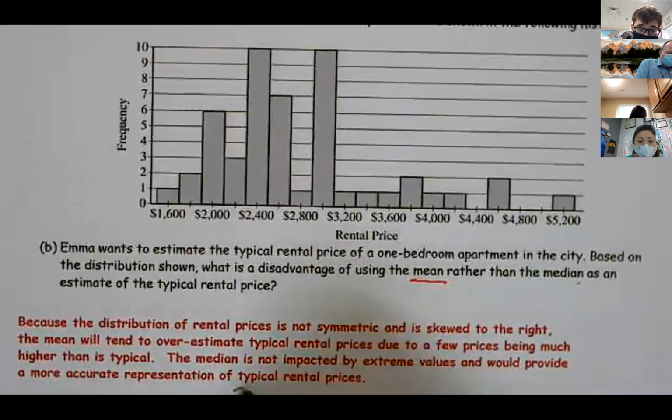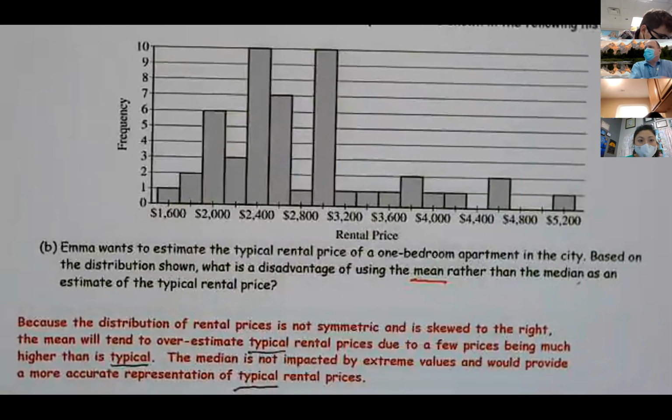Now, I'm going to ask you to be really careful here. There might be some other word besides typical. To be honest, I was having trouble coming up with it. I want to say the normal price. Well, I'm afraid to use normal because we're talking about statistics. I don't want to say the average price because average is the mean and we're actually interested in the median. So I need something that says the usual, the typical.